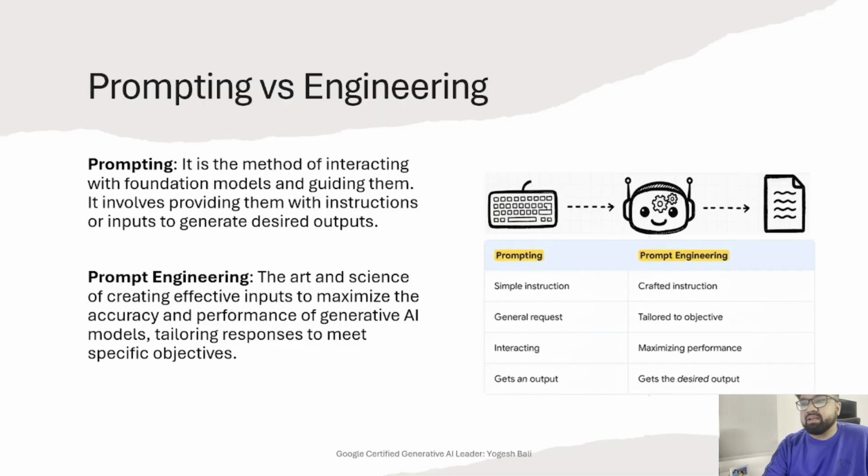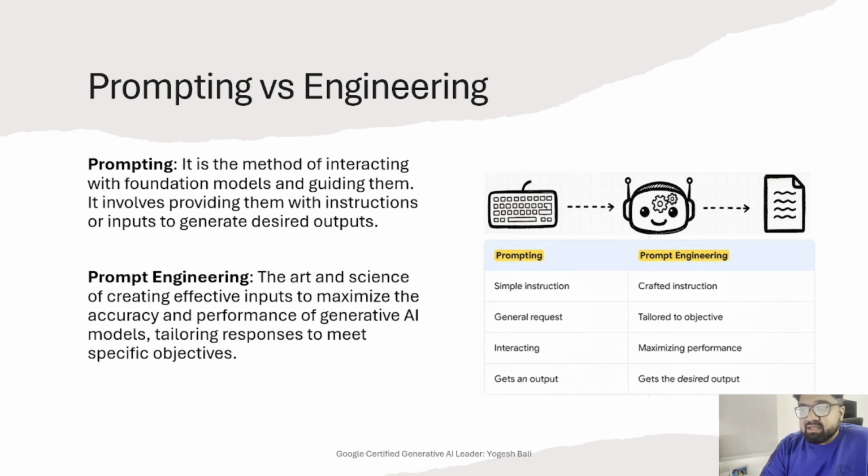Now we have discussed so many AI models. Now it's about discussing prompting versus prompt engineering. A prompt is just a simple instruction that we give to an AI model. Whereas prompt engineering is a creative prompt that helps the AI understand your requirements better and give you a more accurate response.